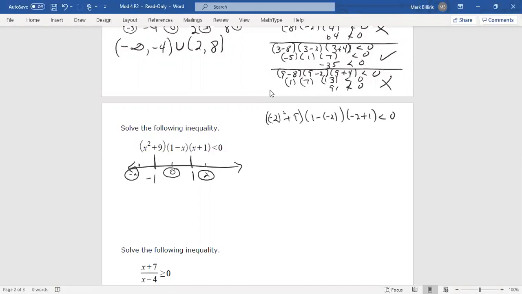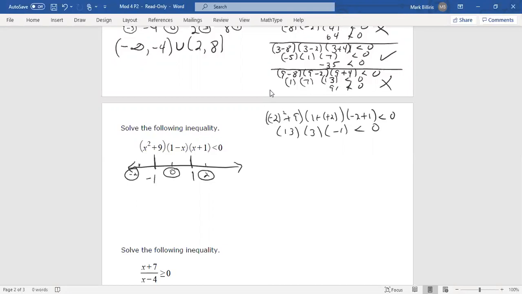So -2 squared. Make sure when you're putting this in your calculator, you do it as you see it. The -2 has to be in parentheses. So -2 squared is 4, and 4 plus 9 is 13. 1 minus a -2, since that's a double negative, becomes 1 plus 2, which is 3. And then -2 plus 1 is -1.